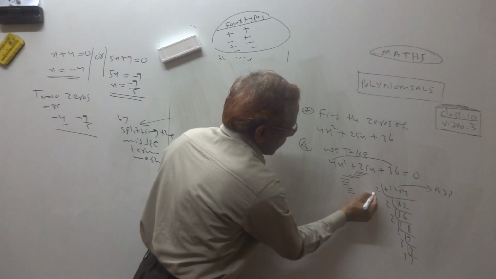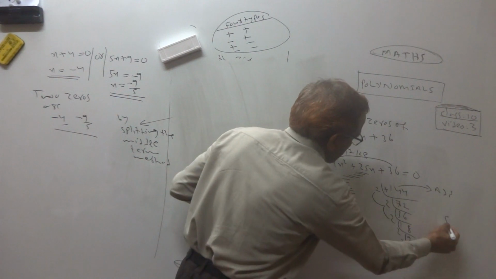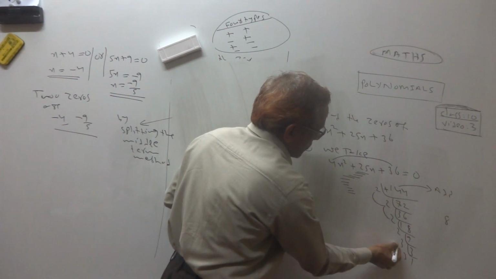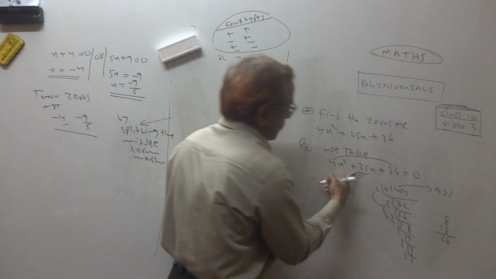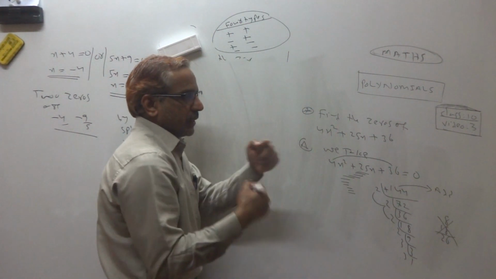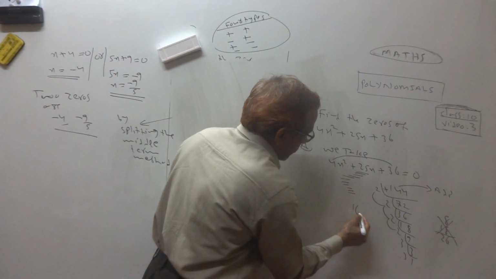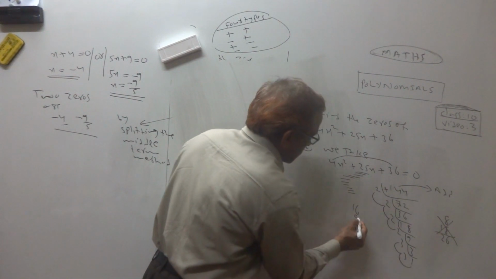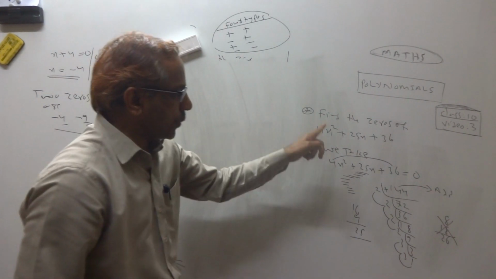I am taking different combinations. 2 4s are 8, 2 3s are 6, 3 6s are 18, 8 and 18, how much? 26. I am not getting 25. Don't take this. Change the combination. 2 4s are 8, 2 8s are 16, 3 3s are 9, 16 and 9, 25. And all factors used.